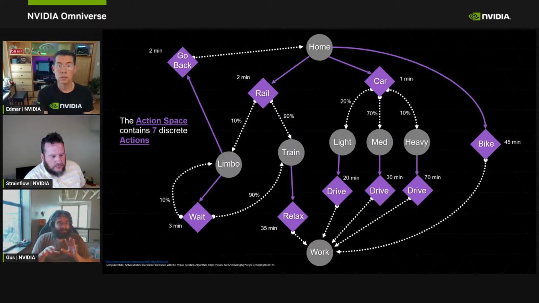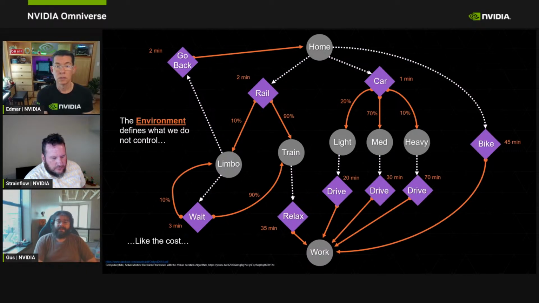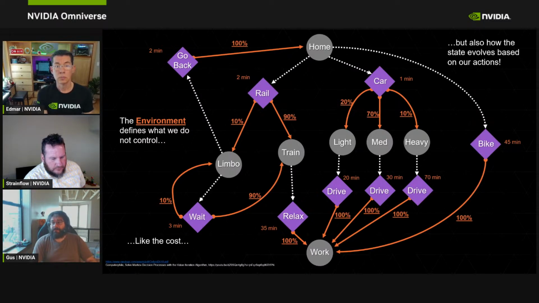This is called a Q state as opposed to a regular state, and we can get into that in a little bit. But the environment determines things that we don't control. So it not only determines the cost of what each action takes, but it also determines the probability that a given action will get us to a specific state. So all of these lines that didn't have a label on them, they're just 100% probability.